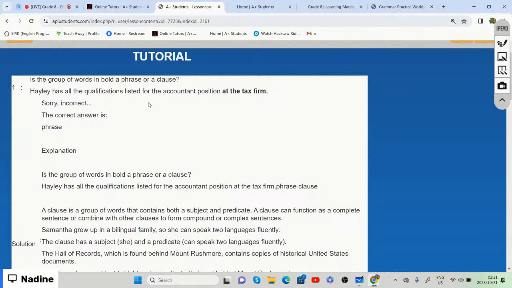At the tax firm. So Haley has all the qualifications listed for the accountant position at the tax firm.